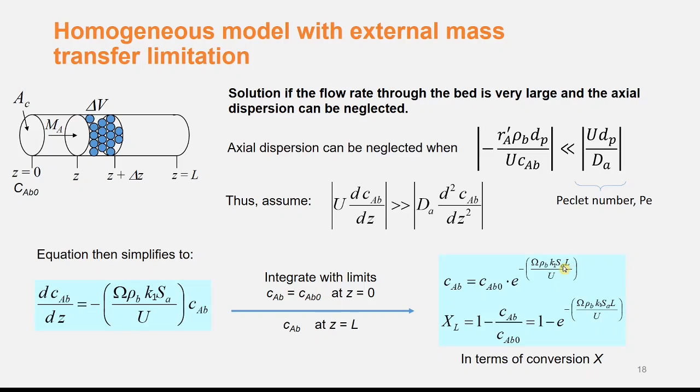We can also write this in terms of conversion. The conversion at the exit of the reactor is equal to 1 minus the exponential of this whole term, which has the overall effectiveness factor, omega. Using this equation, you can determine the length of the reactor required to achieve a certain conversion.